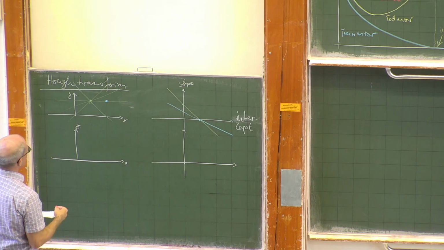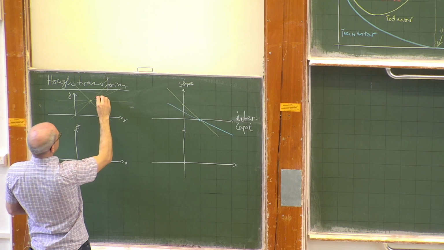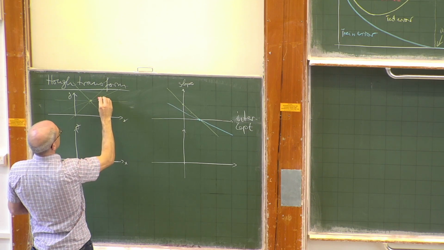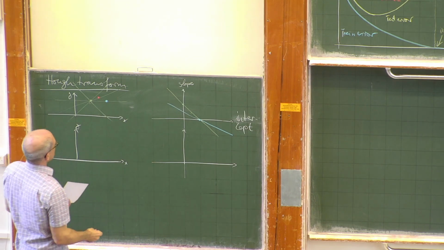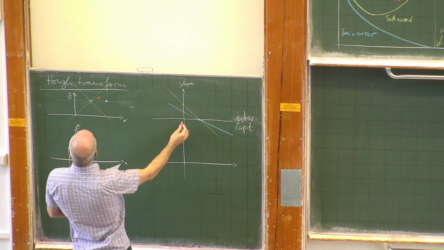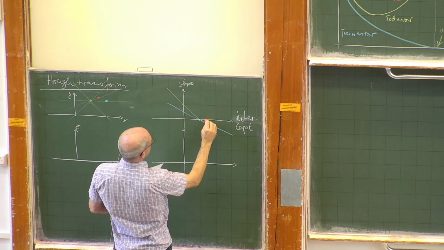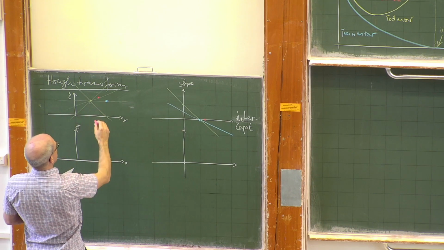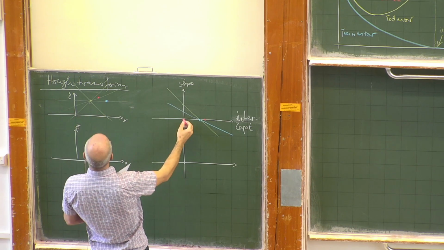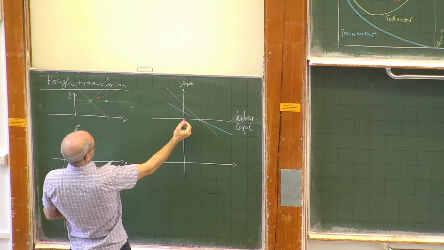Let's do a third point, and let's not make it fit perfectly. So I'm putting it a little bit above the others. I could explain it by a slope of 0 and intercept of maybe 1.25. Or I could explain it with an intercept of 0 and a slope that's a little bit lower than 1.